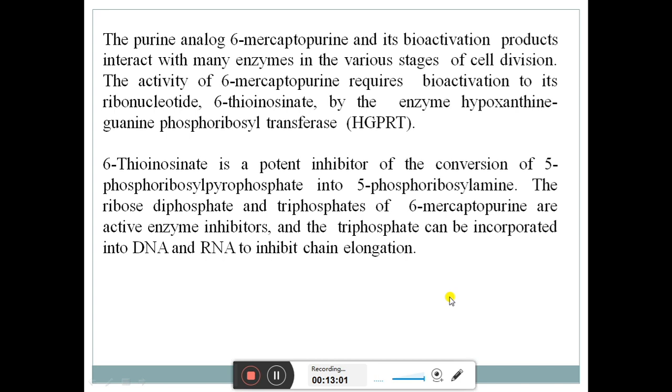6-thioinosine is a potent inhibitor of the conversion of 5-phosphoribosyl pyrophosphate into 5-phosphoribosyl amine.